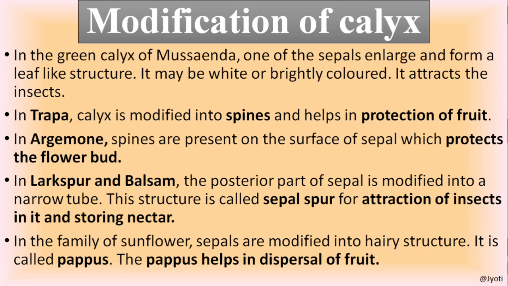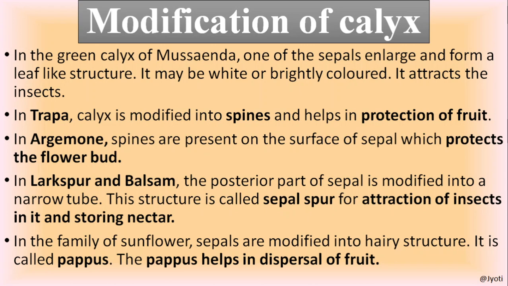That means the calyx persists till the formation of the fruit, even along with the fruit, and it protects the fruit. In Argemone, the calyx is modified into spines, and they protect the flower bud, not the fruit.